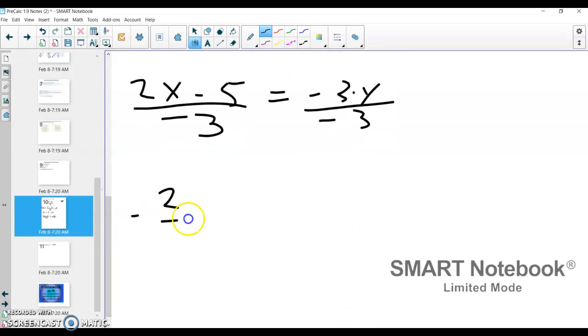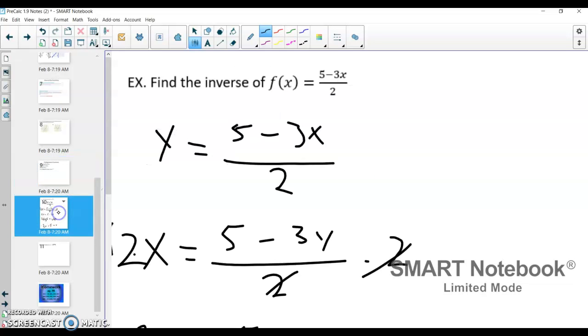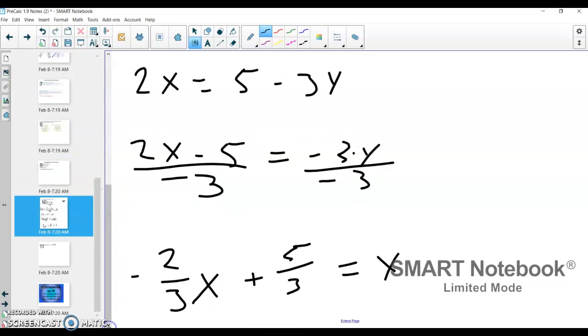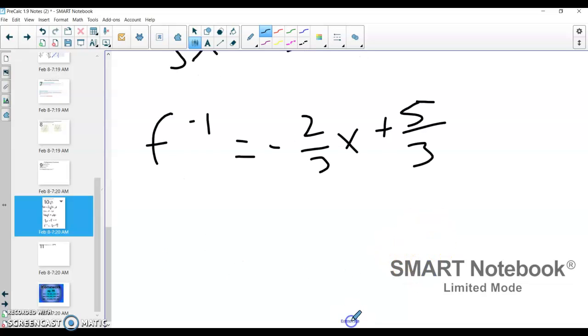This is going to be negative 2 over 3 x plus 5 over 3 equals y. And then my last step is just to change y into f inverse, f negative 1. And so the final answer is f negative 1 equals negative 2 over 3 x plus 5 over 3.